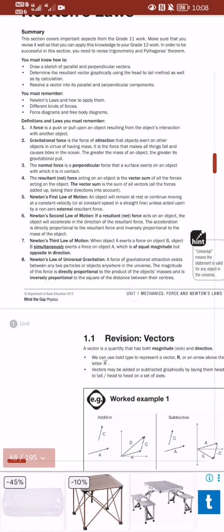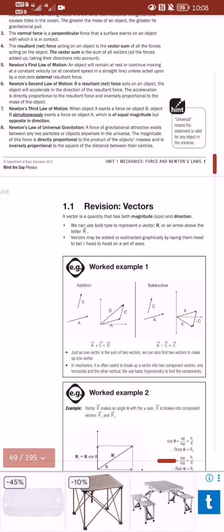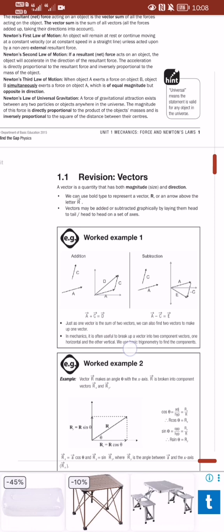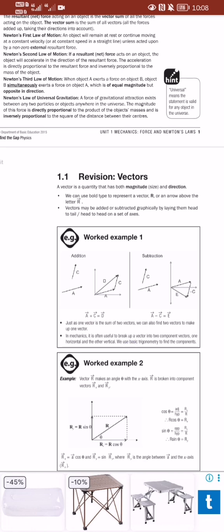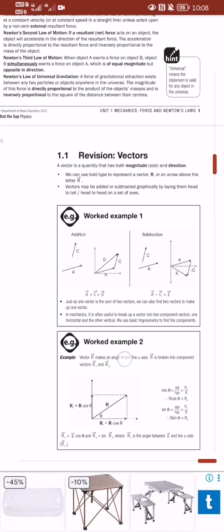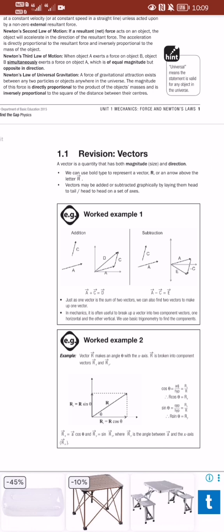So let me quickly go to our revision of vectors. You must just know what is a vector and what is a scalar. Hopefully in your examination guidelines you will see that a vector is a quantity that has both magnitude, meaning size, and direction, whereas a scalar is a quantity that has only magnitude.